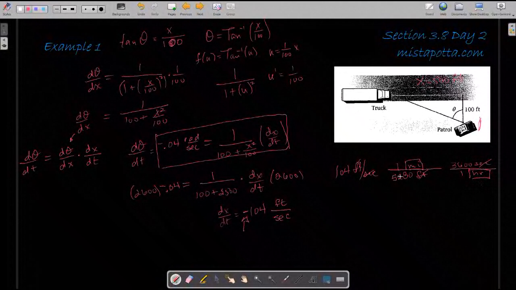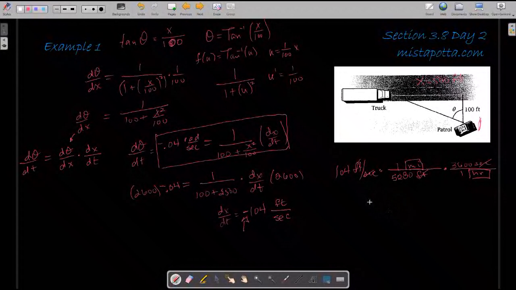And since 5,280 feet is equal to 1 mile, this fraction is really a 1. The same thing with this 3,600 seconds over 1 hour. That fraction has a value of 1. So multiplying by these scaling fractions don't actually change the value.